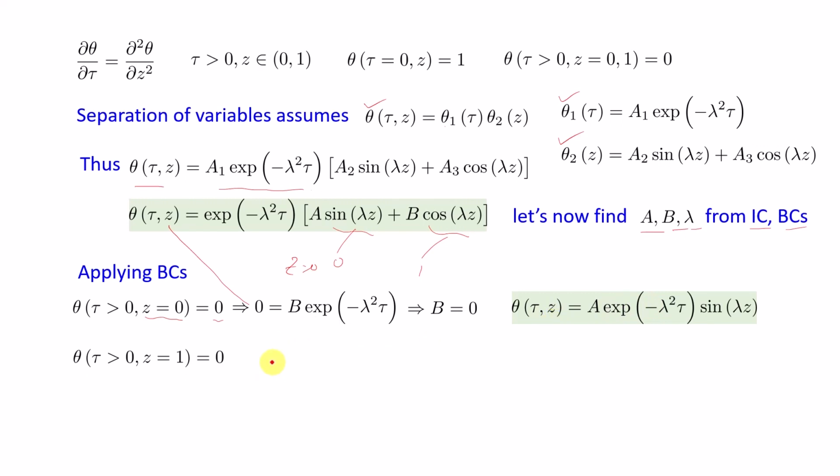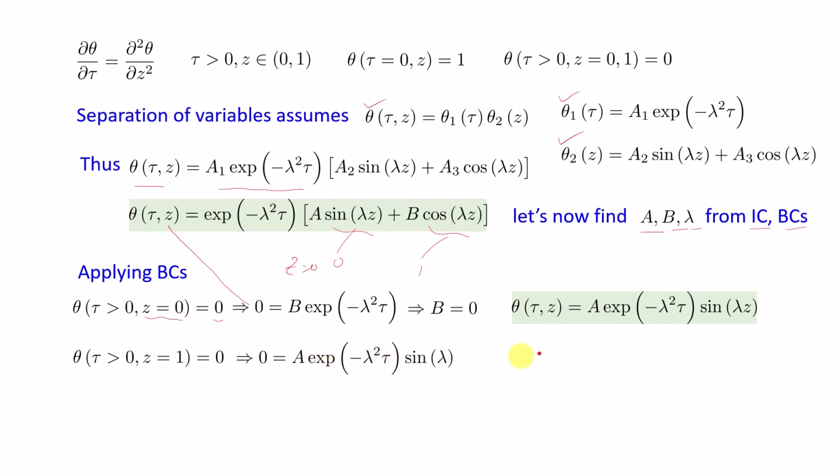Now look at the other part here. Here this theta at z equals 1 is 0. So now I take this expression, not the previous one, because I have simplified it. I take this expression and plug in z equals 1. Here a exponential minus lambda square tau, nothing happens.